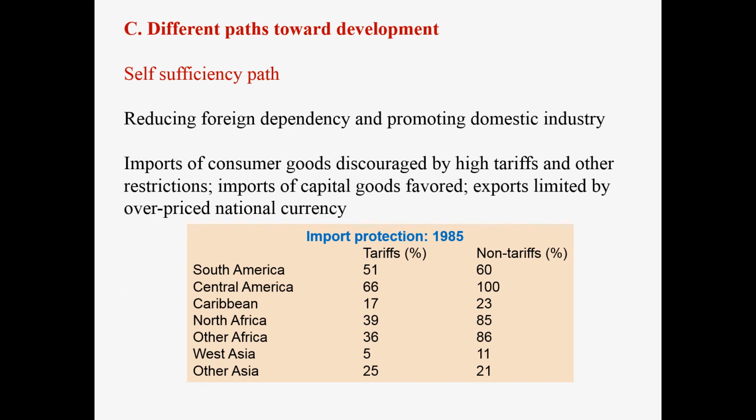South American and Central American countries are some of the countries that adopted this self-sufficiency strategy for their development from the 1930s to 1980s. So the results are not very encouraging.